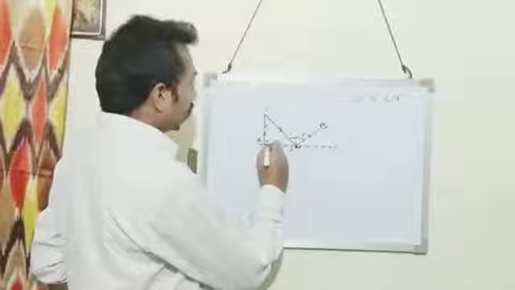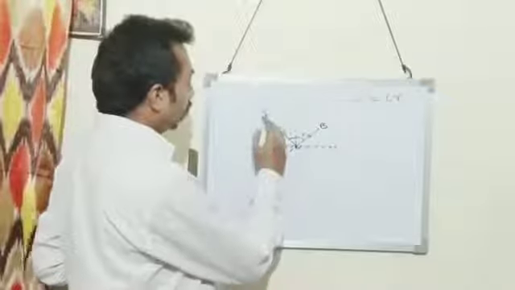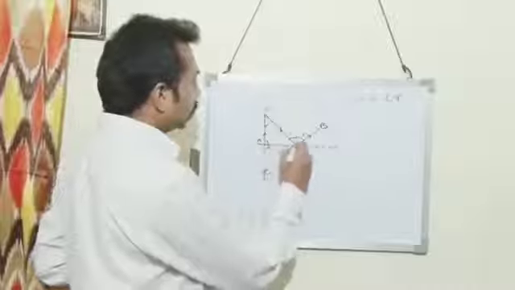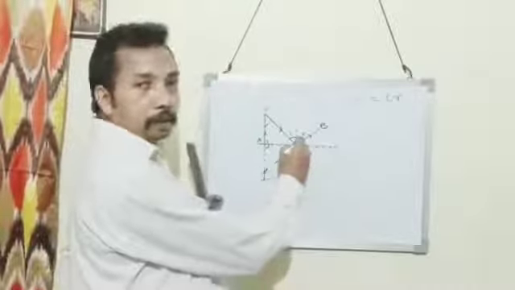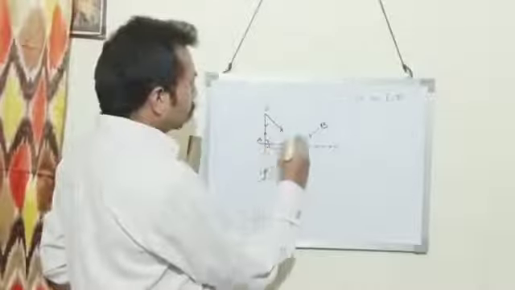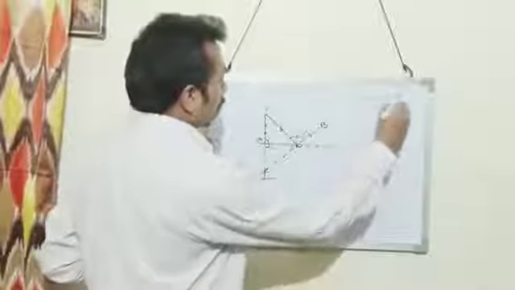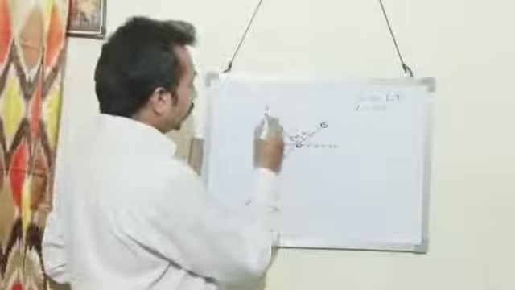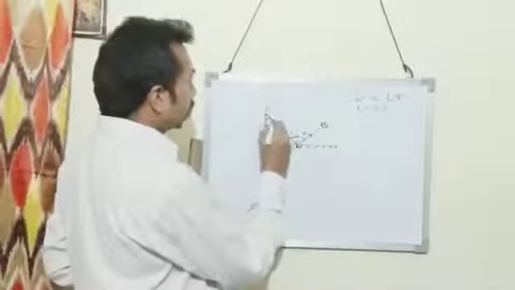These two angles are of 90 degrees. This angle OAN is equal to angle IAN, equal to 90 degrees each. So these two angles are equal. Let them be 1 and 2. Angle 1 is equal to angle 2, each of 90 degrees. Then angle I and this angle, I give the name 3.